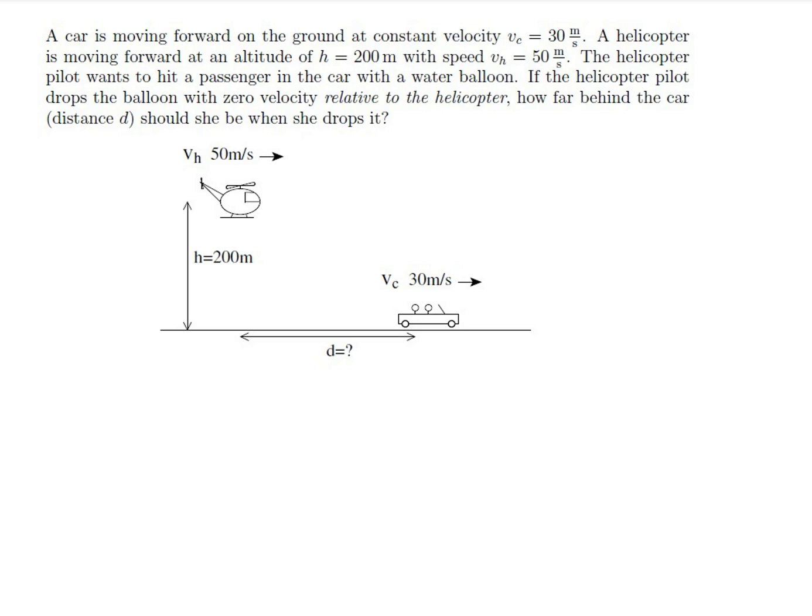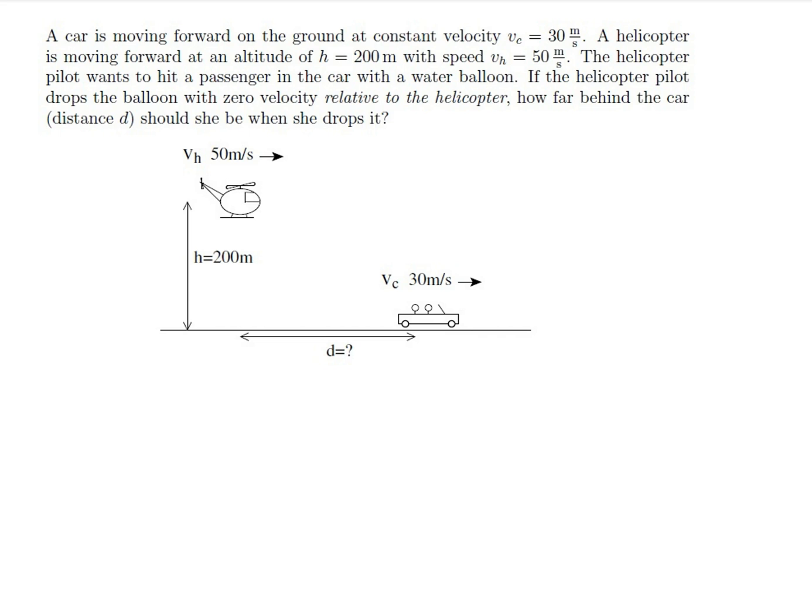Okay, so in this problem we have a car driving at 30 meters per second and a helicopter behind it that's moving at a constant altitude of 200 meters above the car and moving forwards at 50 meters per second in the horizontal direction.